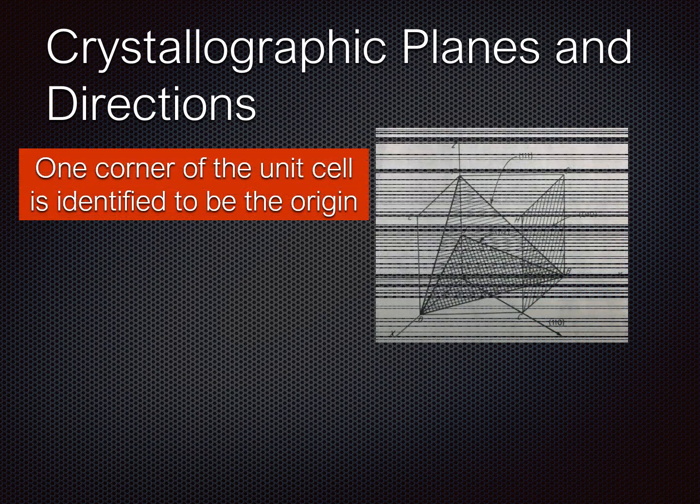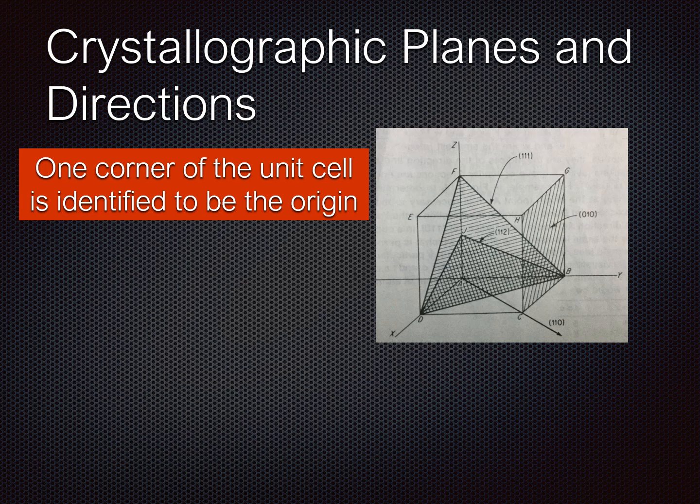One corner of the unit cell is assumed to be the origin of the space coordinates. For example, here let us consider corner A as the origin.